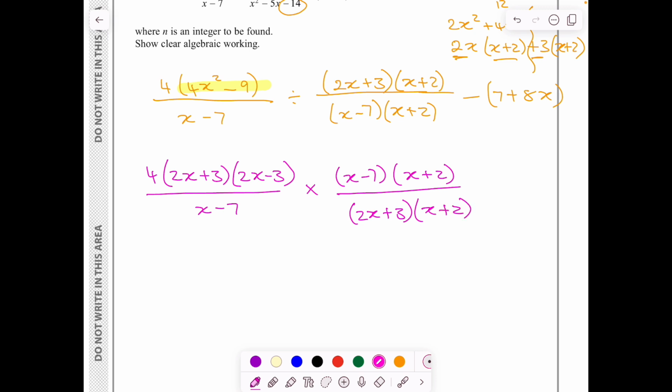Now, straight away, actually, top and bottom, these two cancel each other out because they're dividing each other. If they're on the top and the bottom, they cancel each other out.